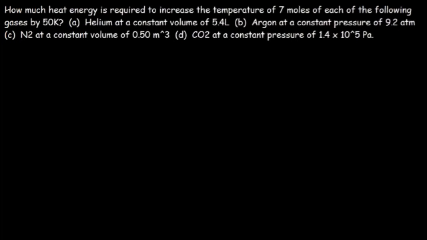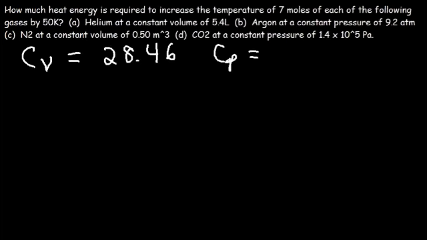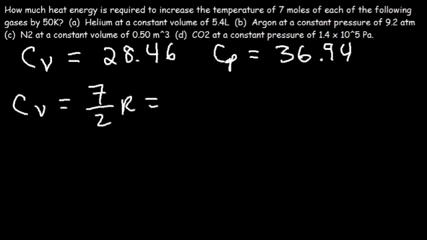Now for part D, CO2, let's talk about the values of Cv and Cp. Cv for CO2 is about 28.46, and Cp is equal to 36.94. So now if we approximate Cv using the equation 7/2 R, this is going to be 8.3145 times 7 divided by 2, and that's 29.1.